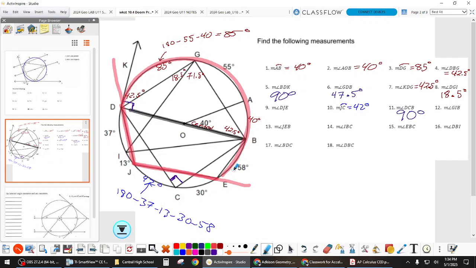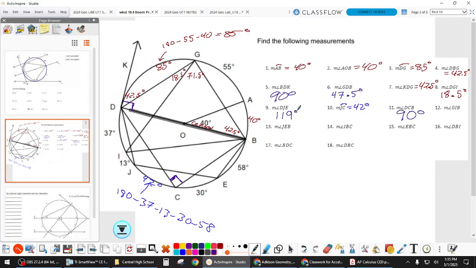Can you do that, Bailey? Let's see, 98, 55, and 85. Or actually just do 180 plus 58. So what is that, 238? Okay. So this angle is what compared to the 238? It's just half. So DJE is 119. That's right, 119.